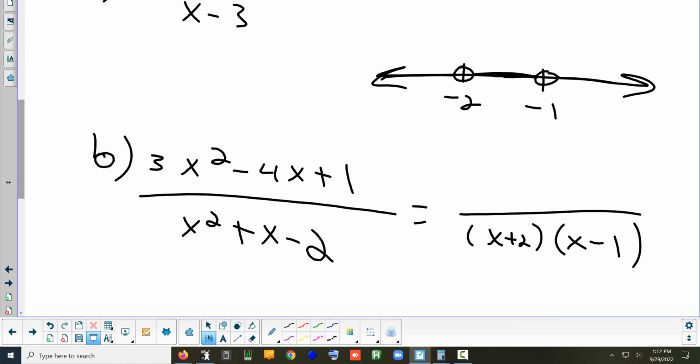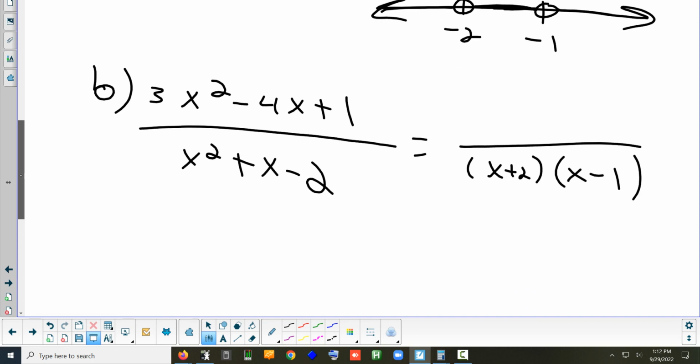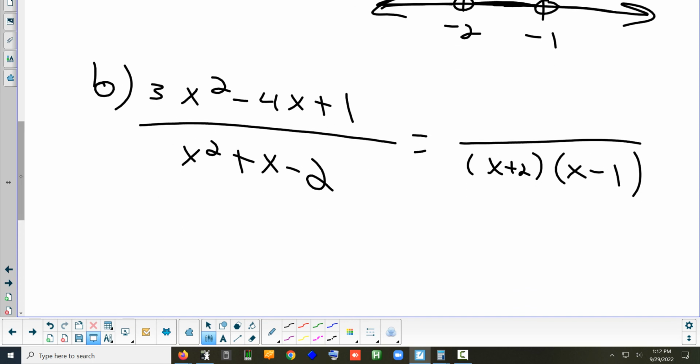How would you describe that part? -2 down. Christian? From negative infinity, not including negative infinity, to -2, not including -2. Yep. So there's that part. How would you describe the part between those two? Cassie? Just a question.